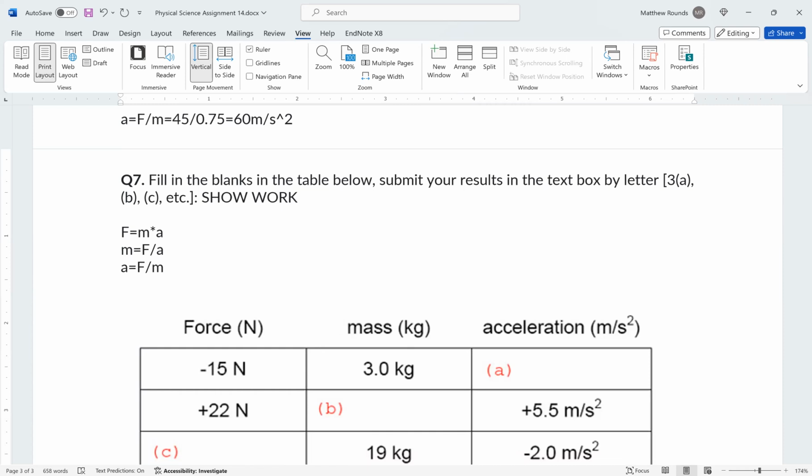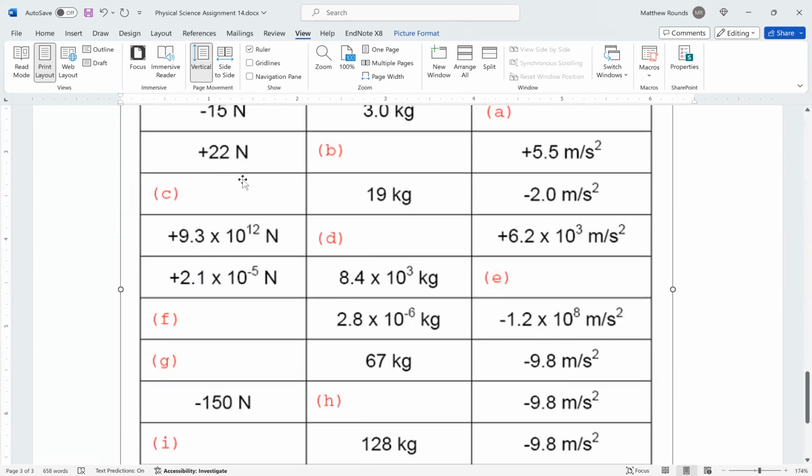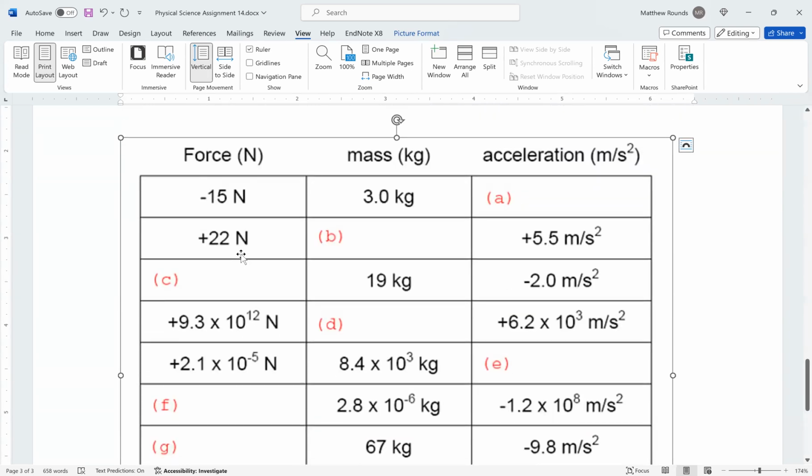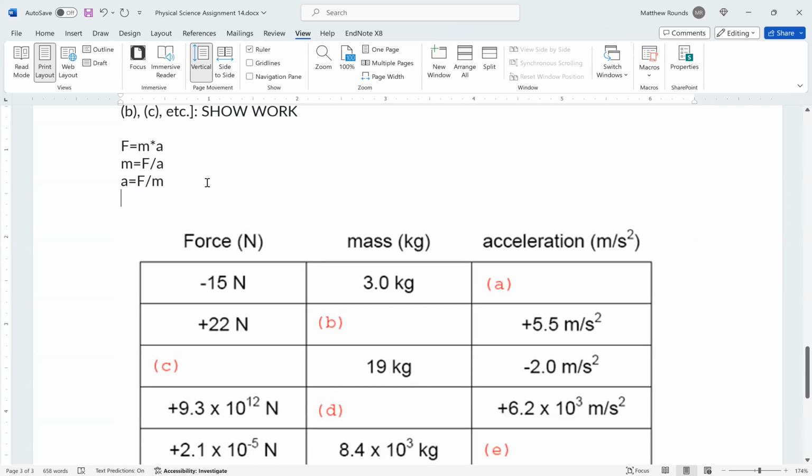Okay, so in this table, in each row, they give you two of the three values. I'm going to put these three equations in the chat, and that way you can copy and paste them as you need to.